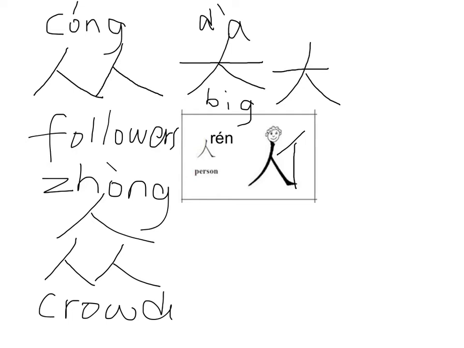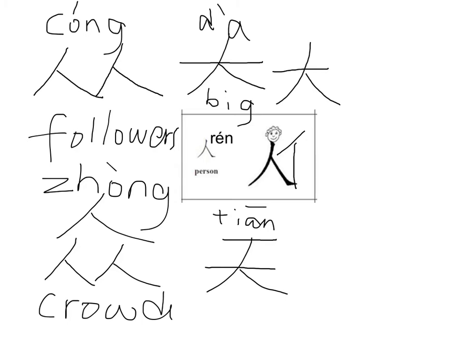Okay, next character. After you have 人, this is 人, person, and this is 大, and you have another horizontal line above that 大. So this character is pronounced like 天.